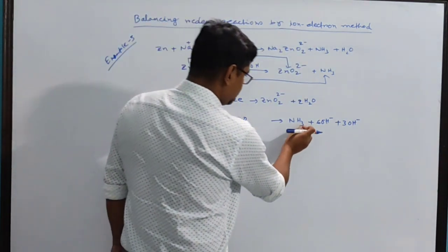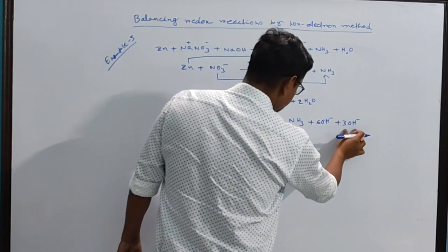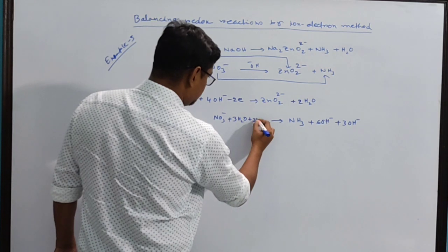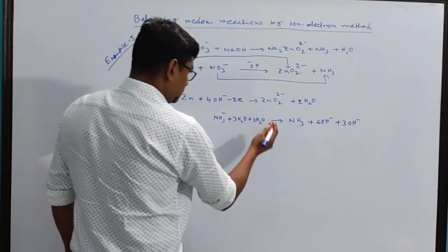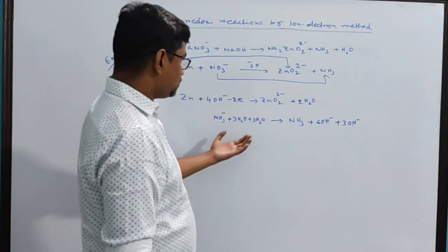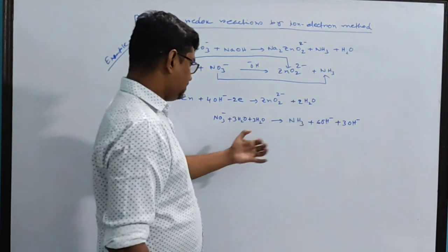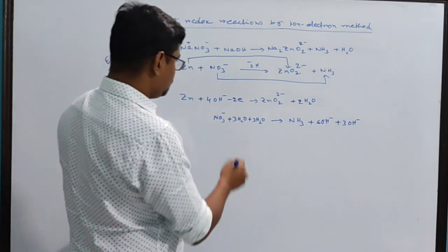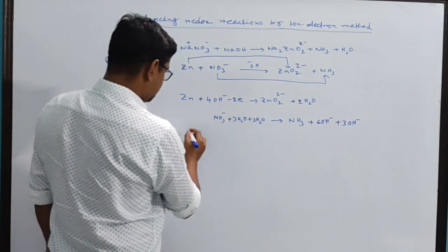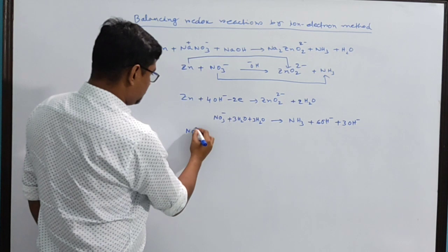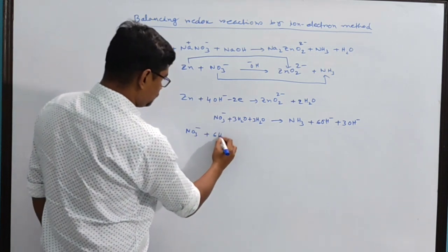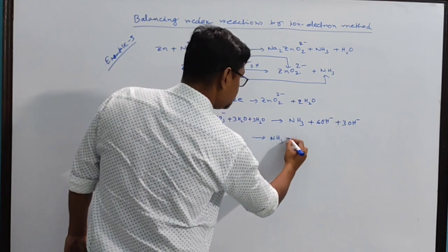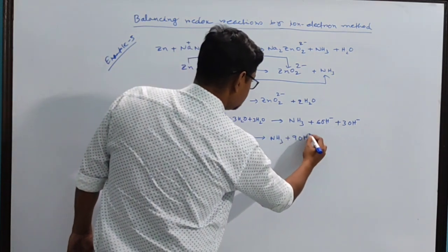Okay, now for these 3 hydrogen and 3 hydrogen means 6 hydrogens and 3 oxygen, for that we can add 3 water molecules at the opposite side, that is left hand side. So it will balance everything, means oxygen atoms and also the hydrogen atoms. So we can write the overall reaction as NO3 minus plus 6H2O giving NH3 and 9 OH minus ions.